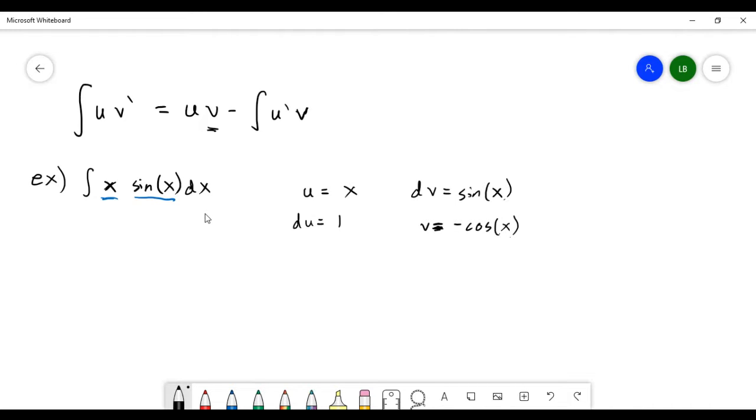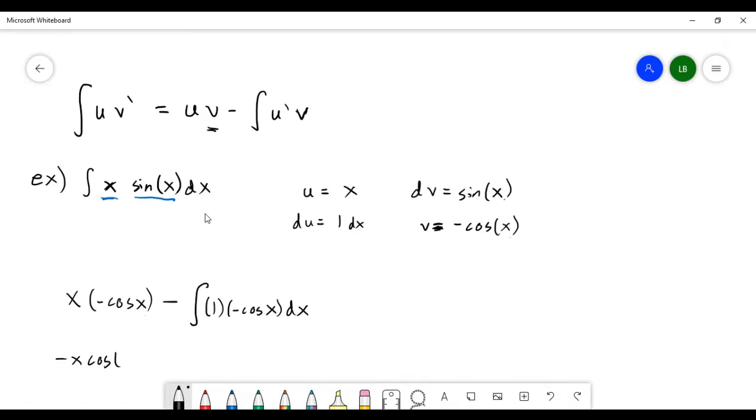And my formula simply tells me that the integral of x times sine x will be x times negative cosine x, subtract the integral of du, so 1 times v, negative cosine x. And this du would have a dx attached, and that's it right here. Now the second integral, the integral of 1 times negative cosine x, we can pretty easily solve.